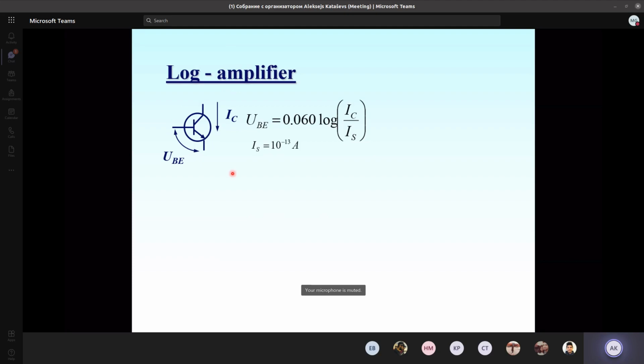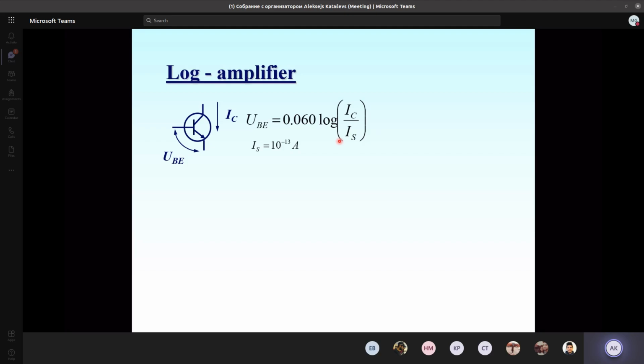the current through the transistor, the collector current, is related to the base emitter voltage following this equation. This is a coefficient which actually depends on the transistor itself, and IS is the current of the closed collector, so it's actually the leakage current through the collector.